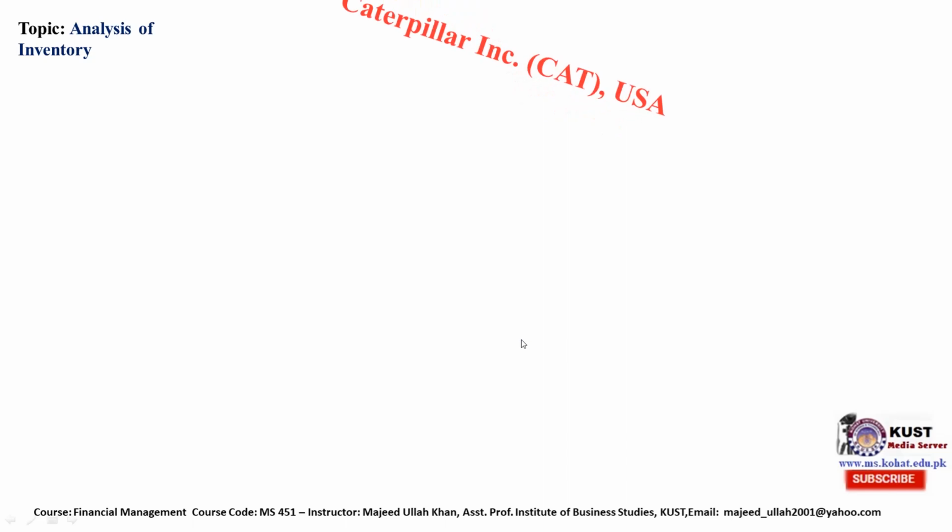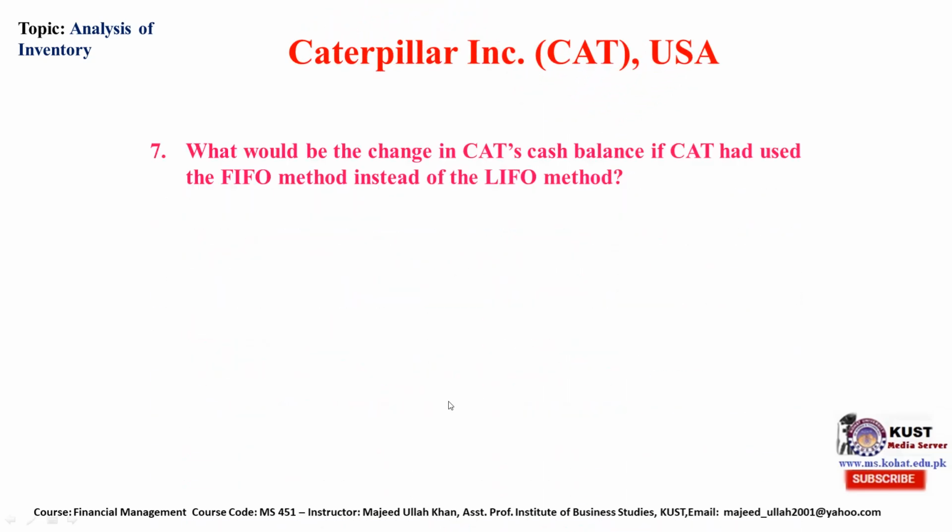Seventh requirement is what will happen to the changes in cash balances if Caterpillar had used the FIFO method instead of the LIFO method, because in the USA the LIFO method is used for tax saving purposes. So this is the currently adopted method of inventory valuation. If the company shifts to the FIFO method from LIFO, what would happen to the cash balances?